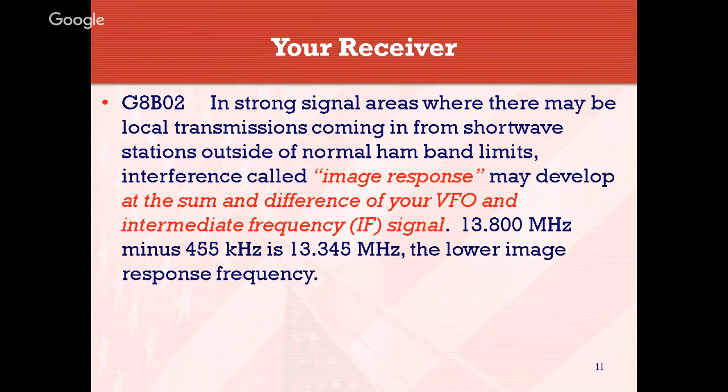There was an issue with one of our repeaters some years ago, in which we had a UHF frequency. We had a 2 meter repeater up, and we decided to put in a remote receiver. The transmitter of the 2 meter repeater was quite strong.